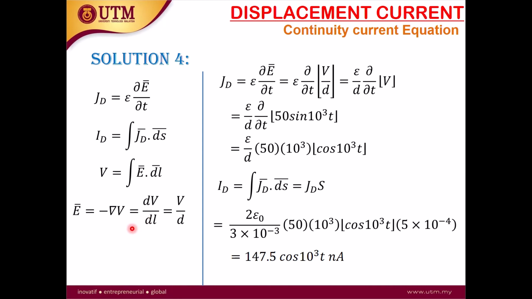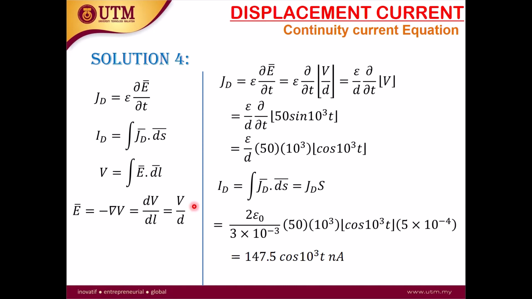Here the gradient only depends on the distance between two plates, or in Cartesian coordinates just the direction of z. So it's only dV over dl, and because the dimension is fixed, we can just write V over d, because everything is fixed.